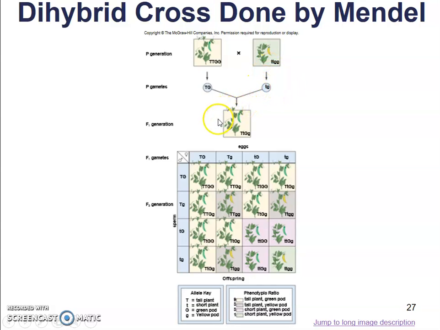We get offspring that are heterozygous. And here we have the ratio of our tall plants with green pods to tall with yellow, and down here we have short with yellow.